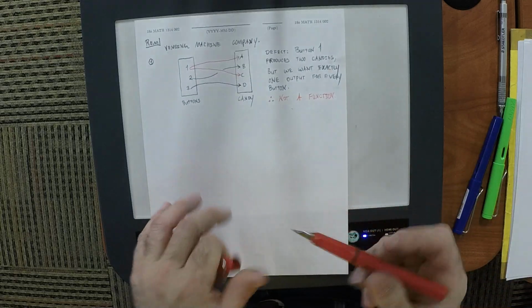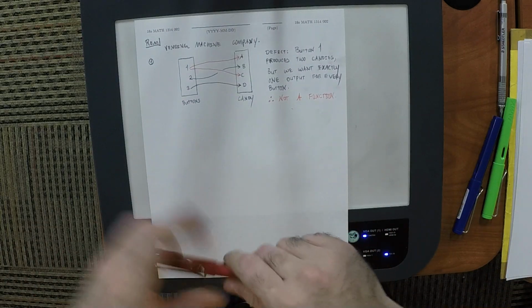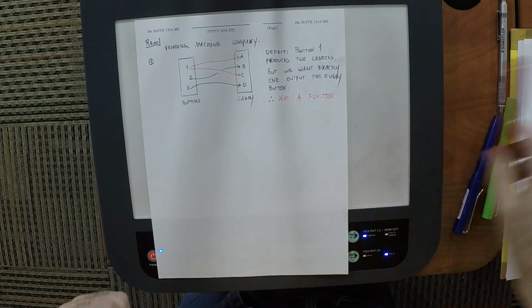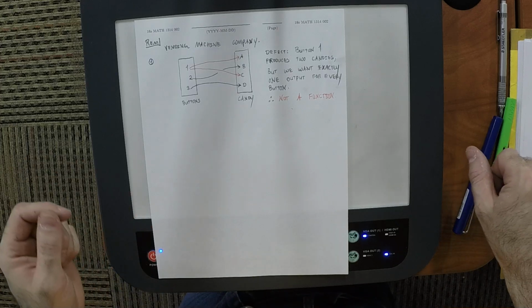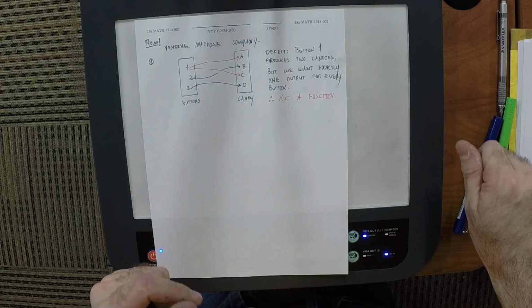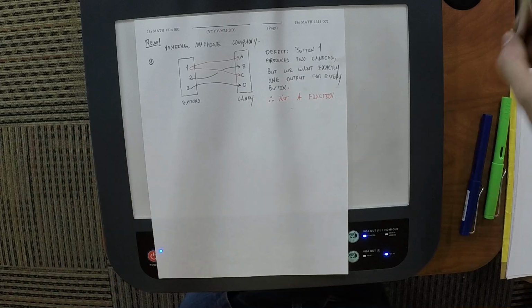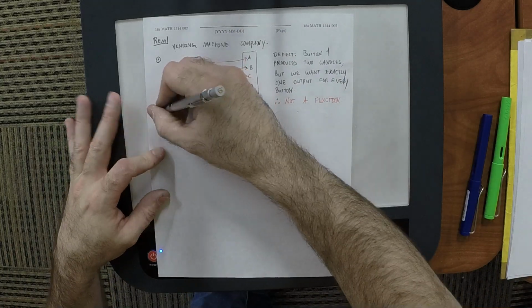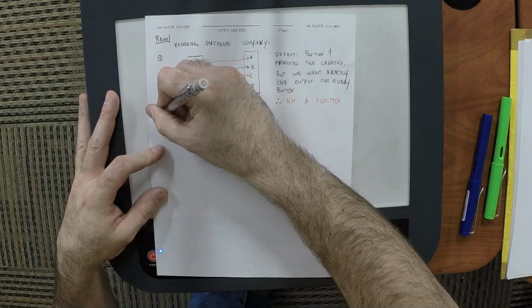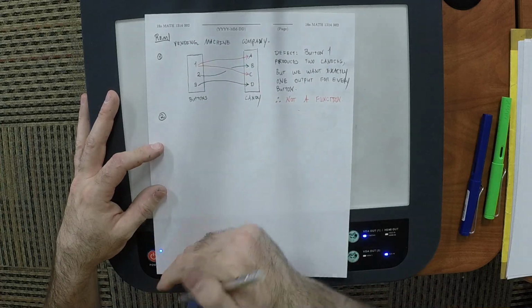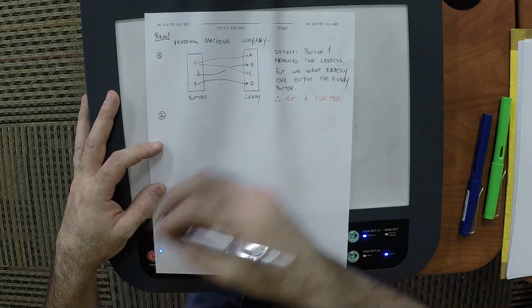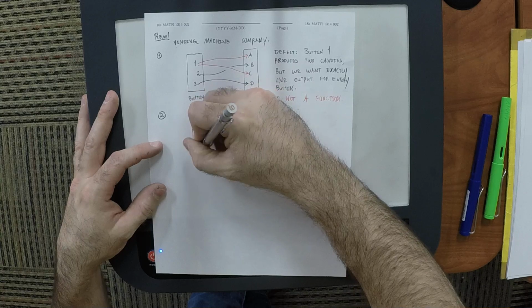So the defect with this vending machine is that it's not a function. Button 1 should produce just one candy bar, but currently it's producing 2 candy bars. So suppose that we send it back and say, all right, well, this vending machine needs to be reworked.